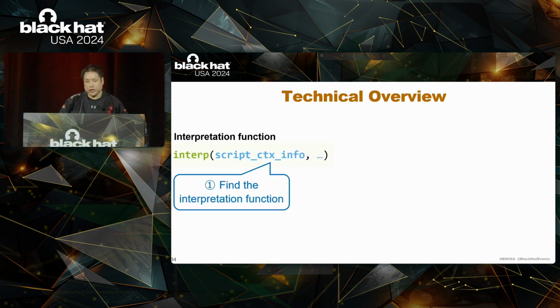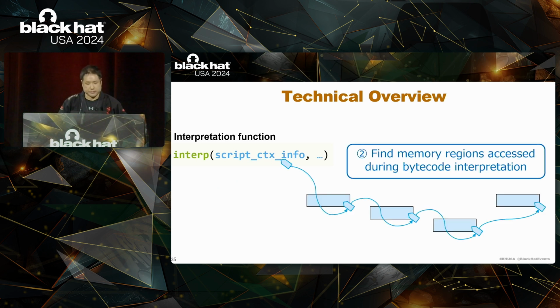So we will look into the overview of our analysis technique. We first find the interpretation function to determine the starting point of the memory exploration. Next, we find accessed memory regions, because interpreters generally access a large number of memory regions. Analyzing all of them takes much time, and we want to decrease it. So this step enables us to narrow down the memory regions to analyze.